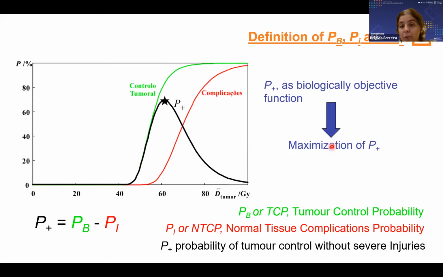So during the optimization, what we want is to find the maximum value of P+. What we have to be very careful about here is that in this value of P+, we can only include severe injuries, that means complications that are as important as tumor control.